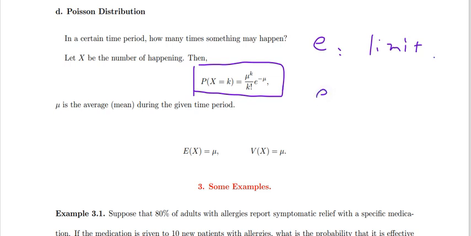What is e? e equals this limit: one plus 1 over n, all to the power n, and we usually denote this limit as n goes to infinity.